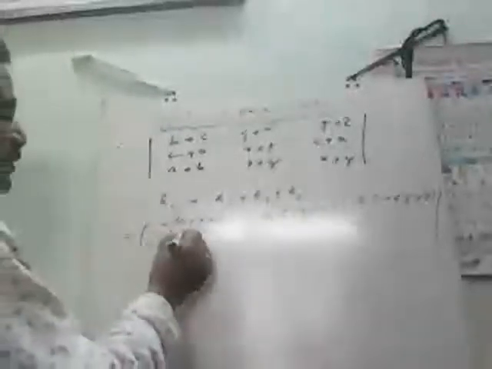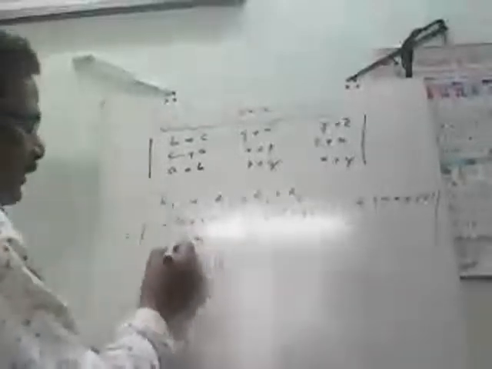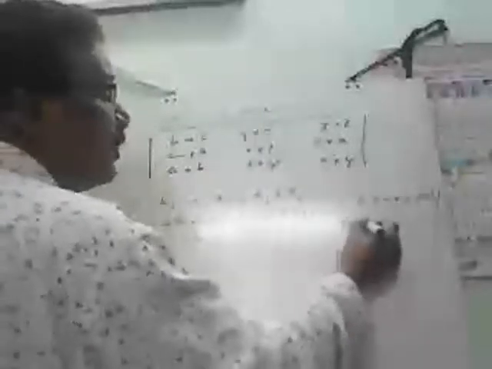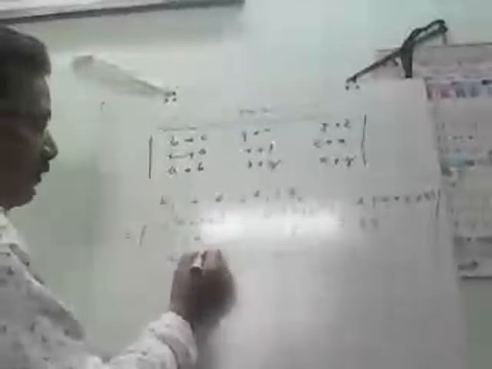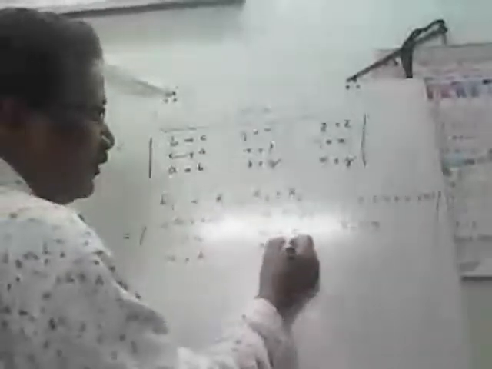Now, twice of A plus B plus C, twice of P plus Q plus R, twice of X plus Y plus Z. Other two rows remain the same, no change: C plus A, R plus P, Z plus X, no change; A plus B, P plus Q, X plus Y, no change.